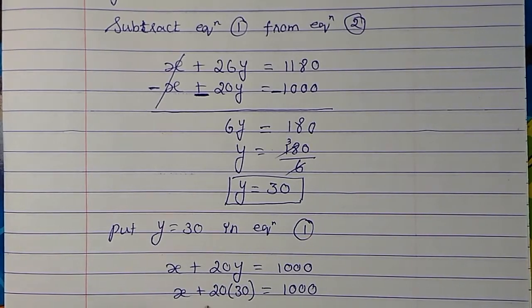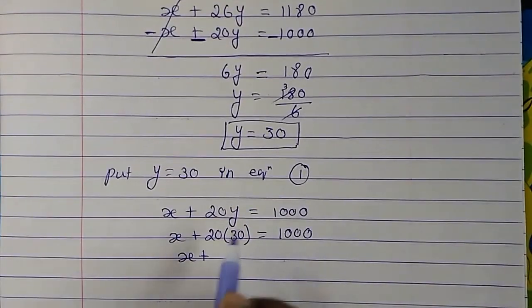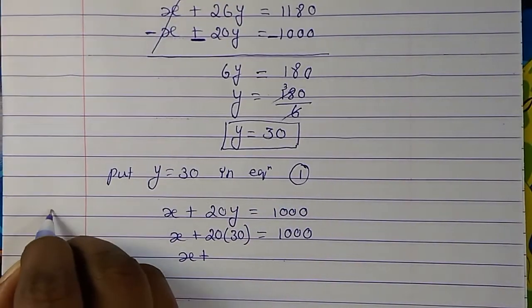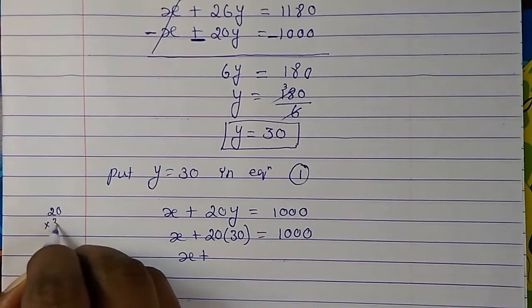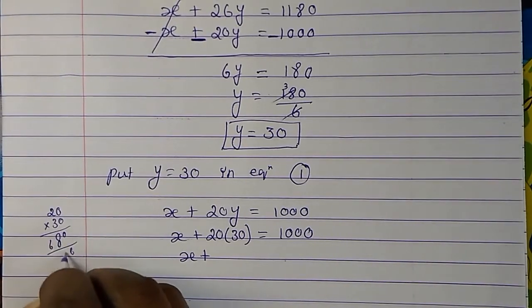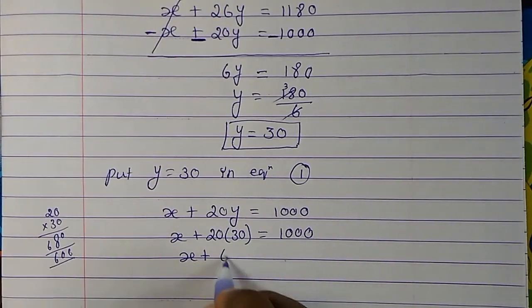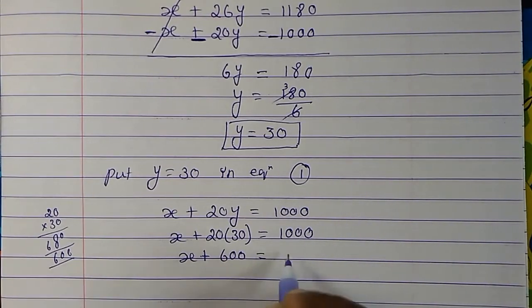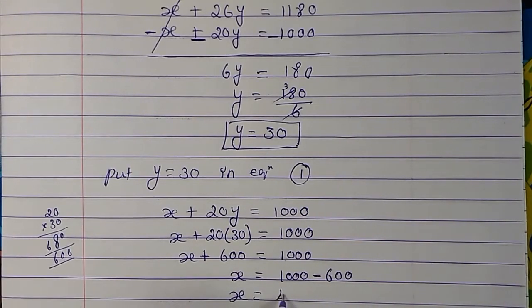So x plus 20 into 30. 20 into 30 will give us 600. So let's keep x on one side. The 600 comes to this side, becomes minus. So the x value we will get is 400.